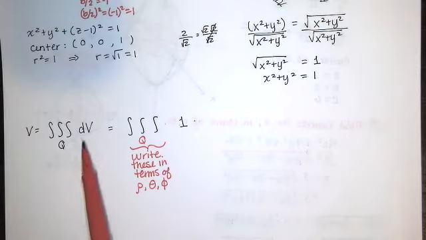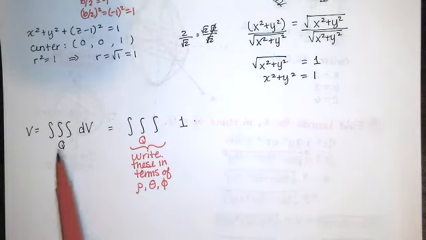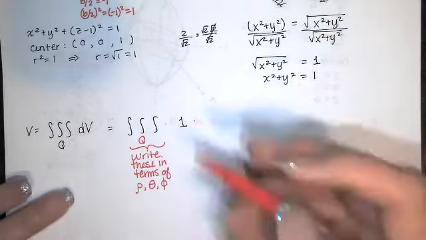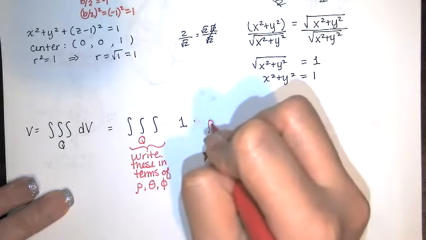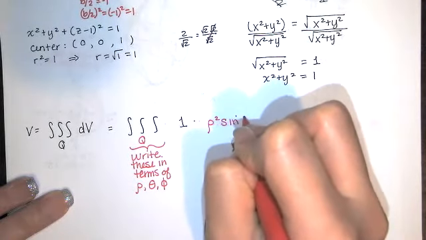And then just like before, we need a new dV. Remember when we switched to cylindrical coordinates, dV was r dz dr d theta. We had that extra multiplier r. It turns out that in spherical coordinates, the extra multiplier is rho squared sine of phi.